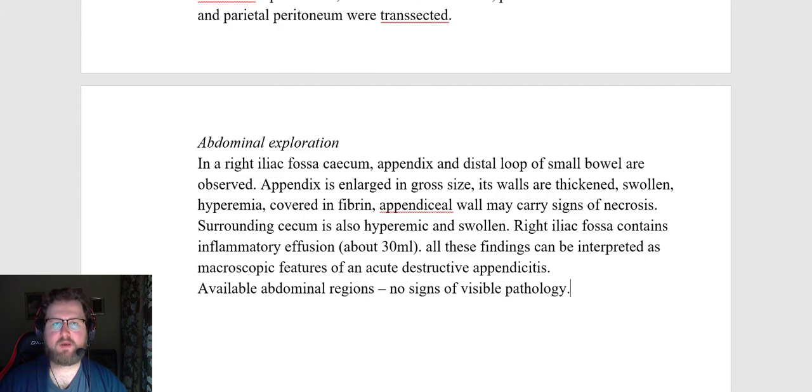So that's when the abdominal exploration section ends, and after that you describe the surgery itself. We will describe a standard appendectomy, and this surgical procedure usually goes as follows.